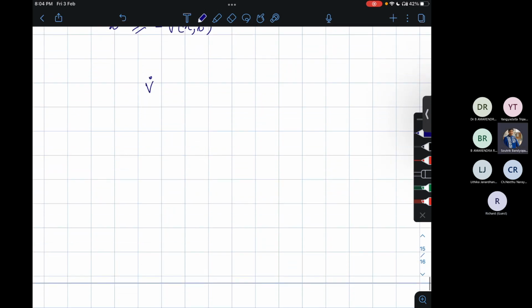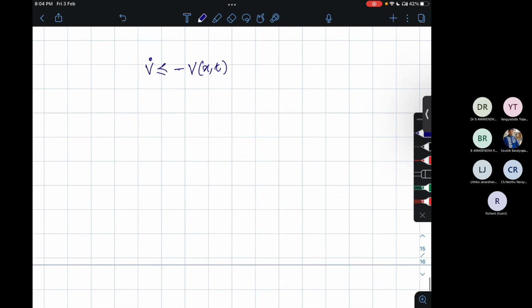So you can write that V dot is less than minus V. Suppose you have x dot less than minus x, then you can say x of t is less than x naught e to the power minus t. This is the comparison lemma.